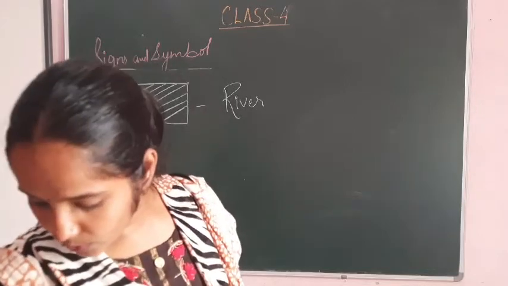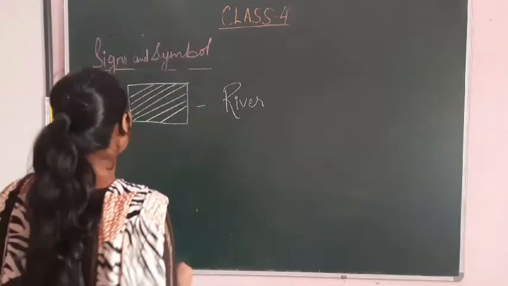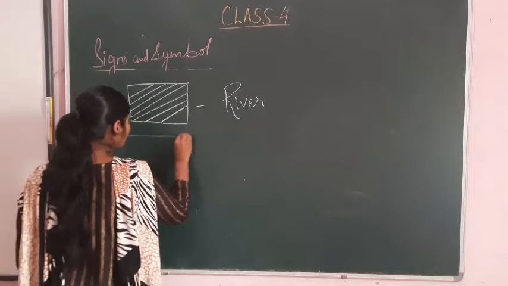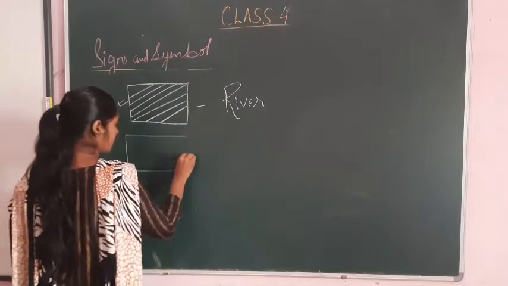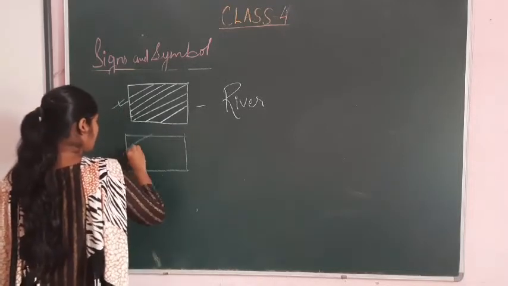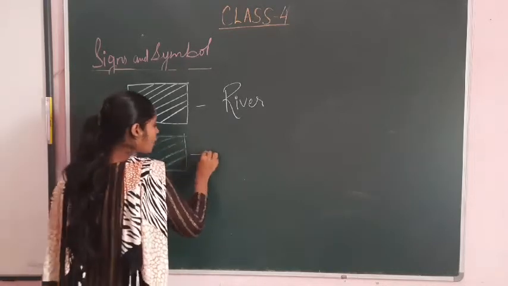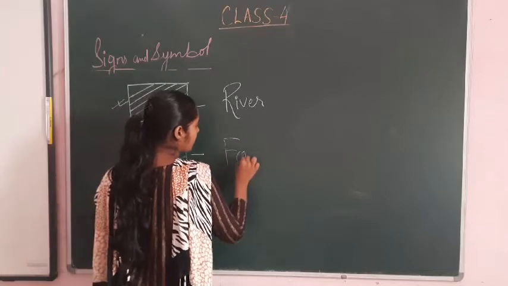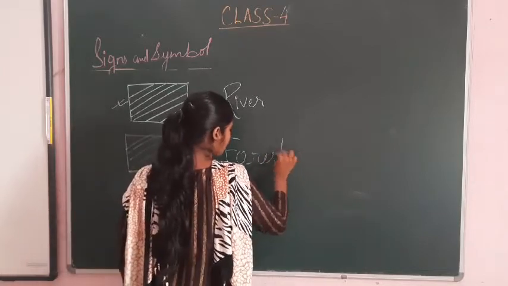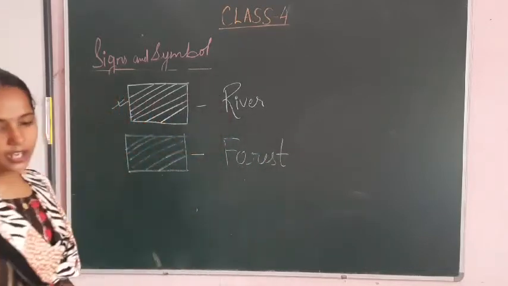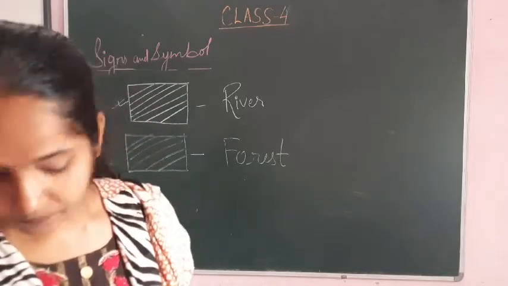After that, go with the green, go green. With green what should we do? We should draw forest, okay. This symbolizes forest, isn't it? Now after that, it's brown.